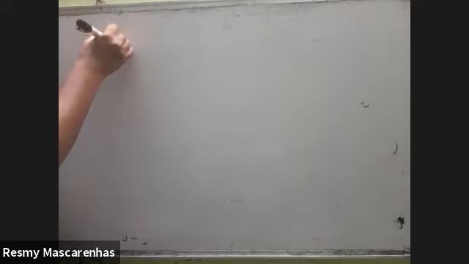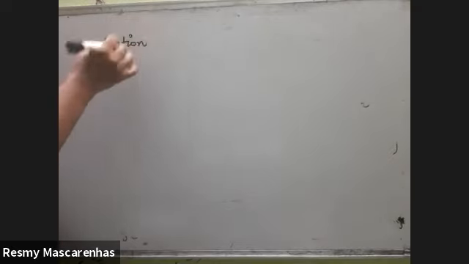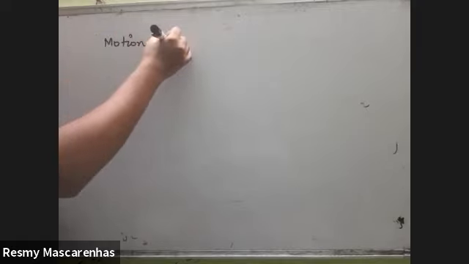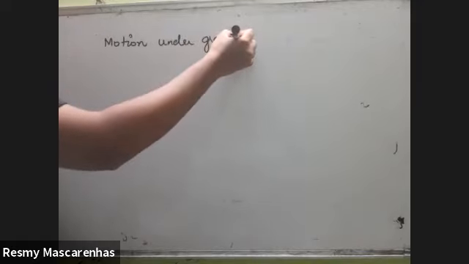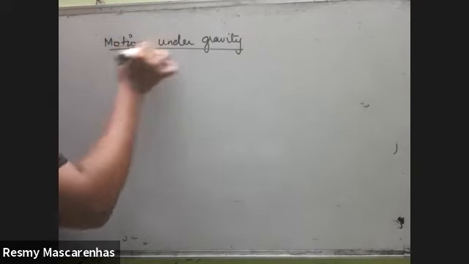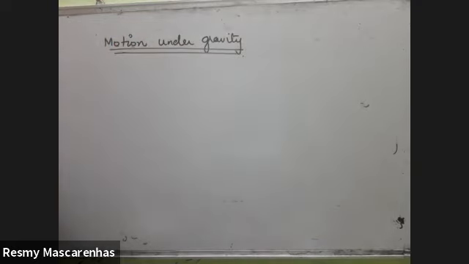This would be under motion under gravity. Suppose now you throw a stone up in the air. You just throw it up. Definitely, it will not go out of the earth.